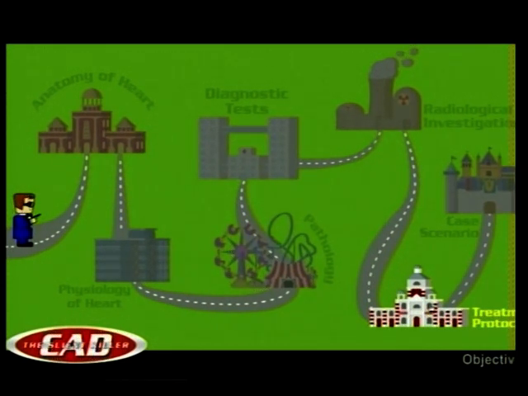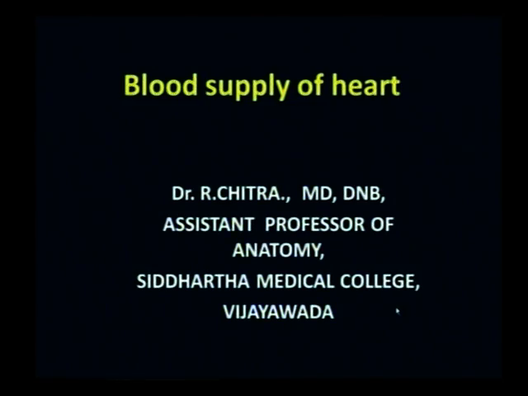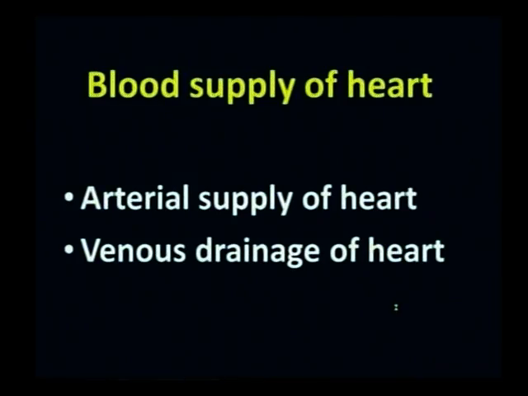We will now see the anatomy of the blood supply of the heart under two headings, arterial supply of the heart and venous drainage of the heart. First, we will see the arterial supply of the heart.